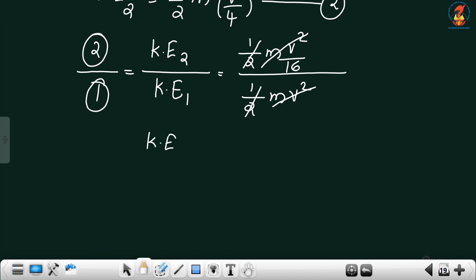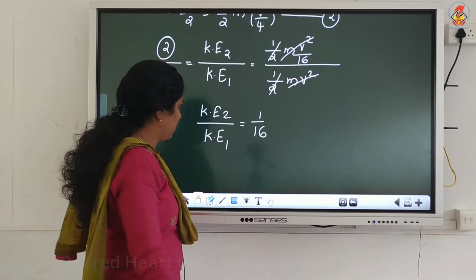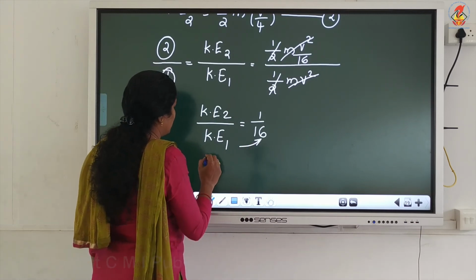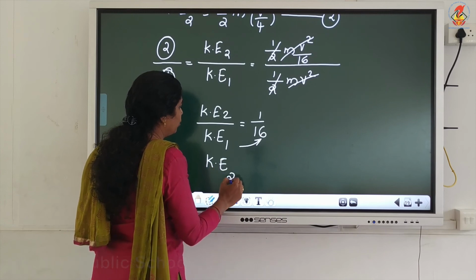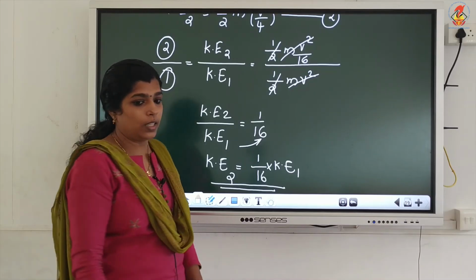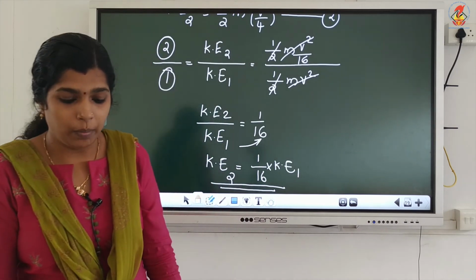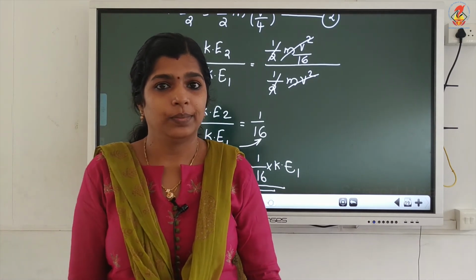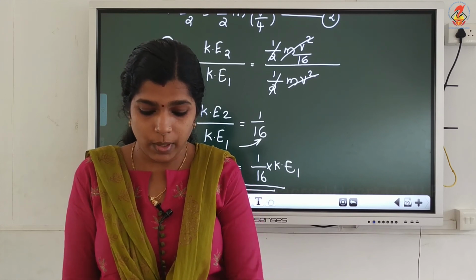So, kinetic energy in the second case divided by kinetic energy in the first case equal to 1 by 16. You just cross multiply here. So, in the second case, our new kinetic energy will be 1 by 16 of the first one. So, the kinetic energy is decreased to 1 by 16.